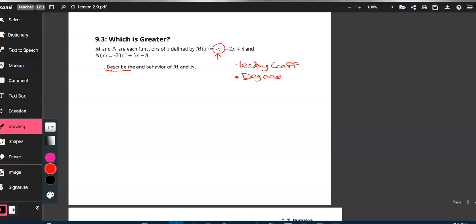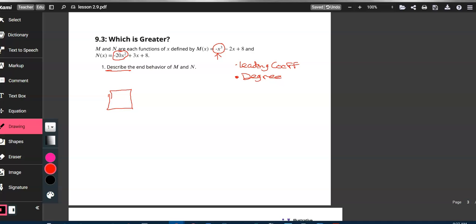So those are the 2 things that you're looking for. This extra stuff like the 3x plus 8 makes some movement inside of here that we're not really interested in at the moment. We're focused on the end behavior.